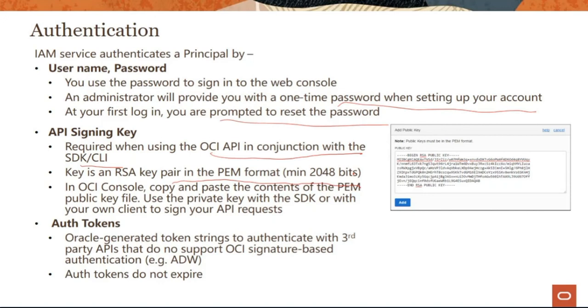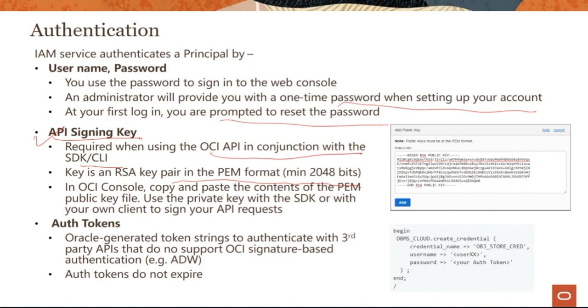The third one is specific to Oracle Cloud Infrastructure, and it's authentication using an auth token. Authentication tokens are Oracle-generated token strings to authenticate with third-party APIs that do not support OCI signature-based authentication. We just looked at the API signing keys. So what are good examples? A good example is our own autonomous offering, which doesn't support OCI signature-based authentication.